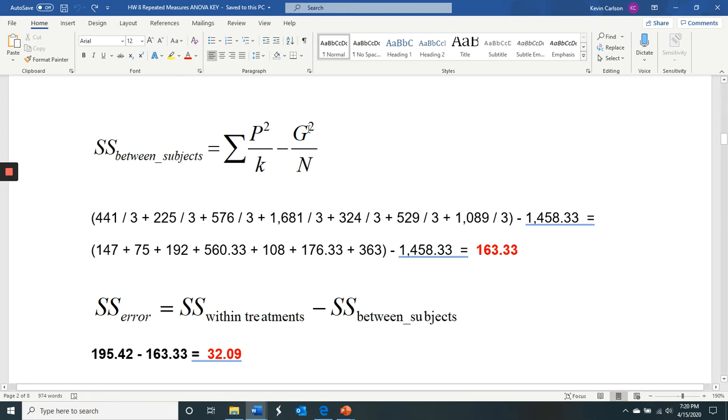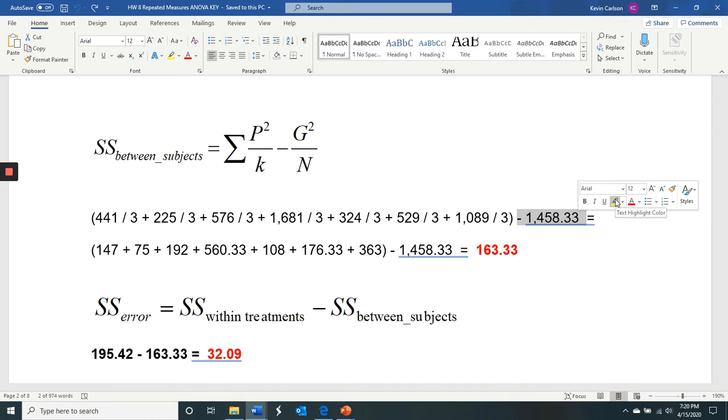And by the way, here's the same thing. G squared over capital N, which we already know is 1,458.33. We figured that out way back in the sum of squares total, so we can just bring it down here. So now we have to take each hospital and figure out the P squared over k.